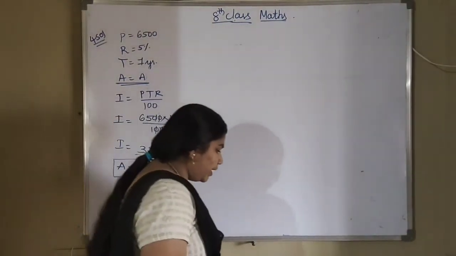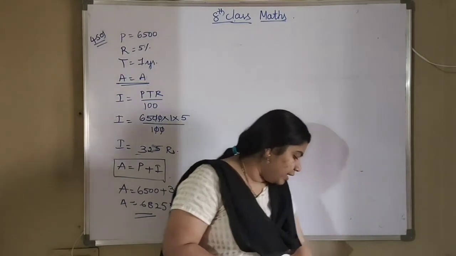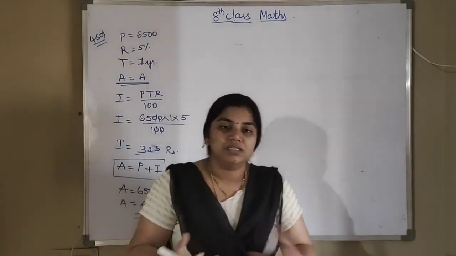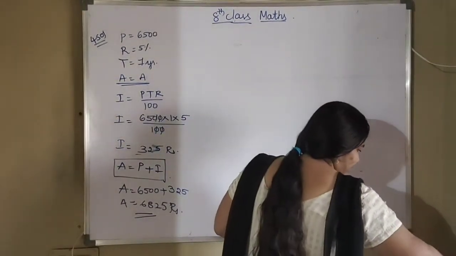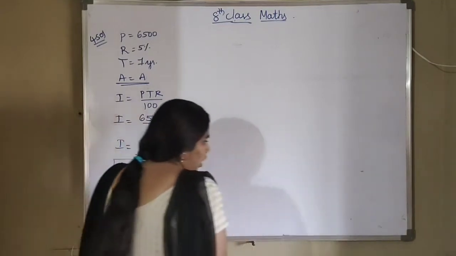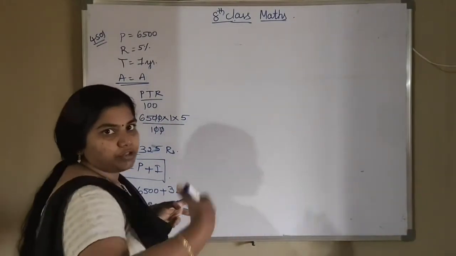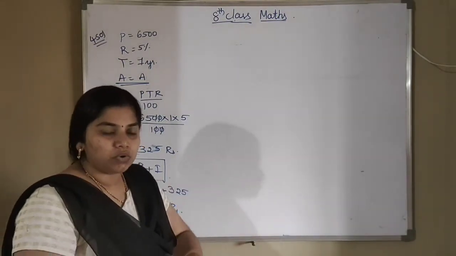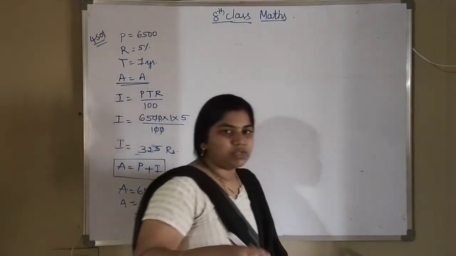And in the second part, 6% per annum during the second year. So for the second year they are changing the rate of interest to 6%. And what is the principal value here? This amount will be converted into the principal, and we have to find the amount value for 6%, and the time is the same, that is 1 year.